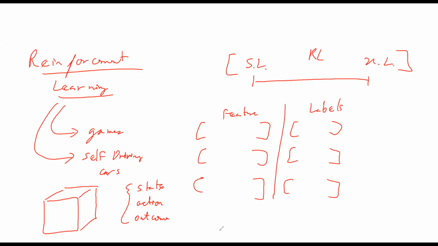So it really comes down to this formula where you have, let's call it step, in the game. The step takes the current state plus the action given that state, and it's going to predict an outcome. That's really what's happening in reinforcement learning.